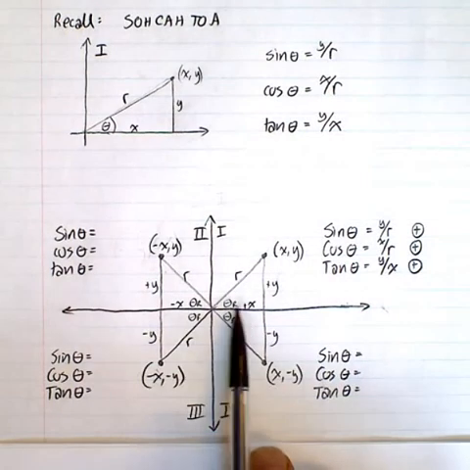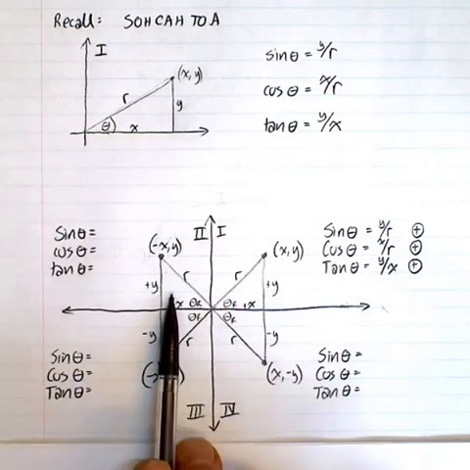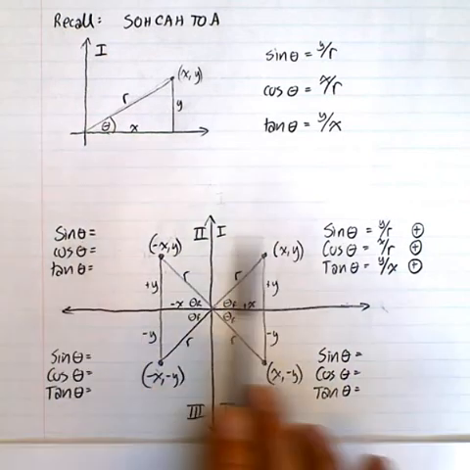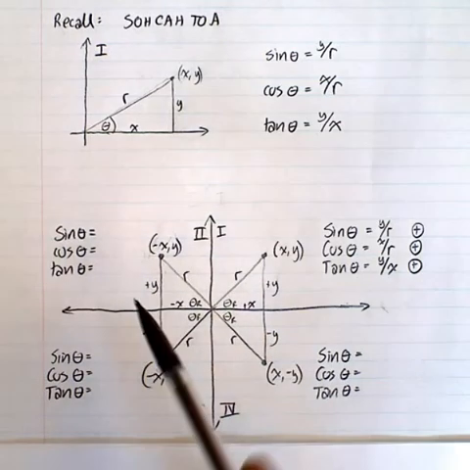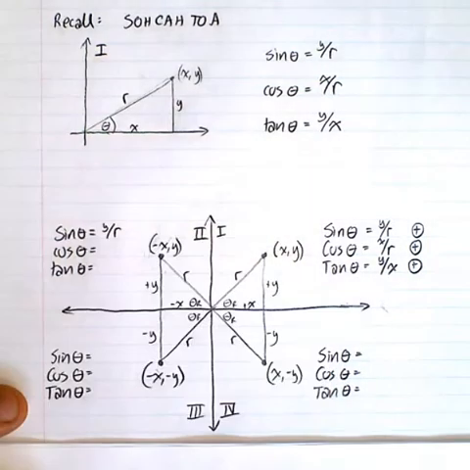So in this case, first quadrant, just like what we had up here, let's look at the second quadrant. So sine theta, if it's y over r, my y is positive, so it's still just y over r.